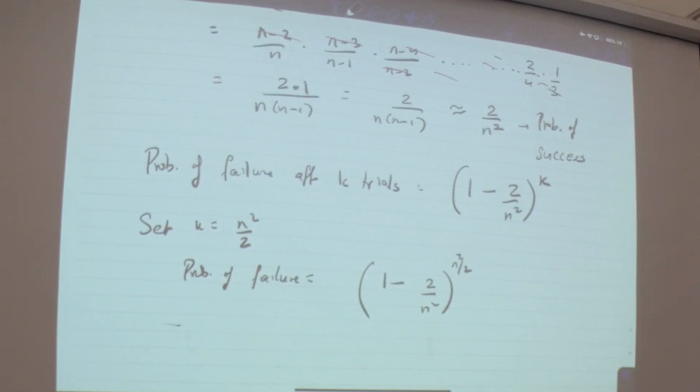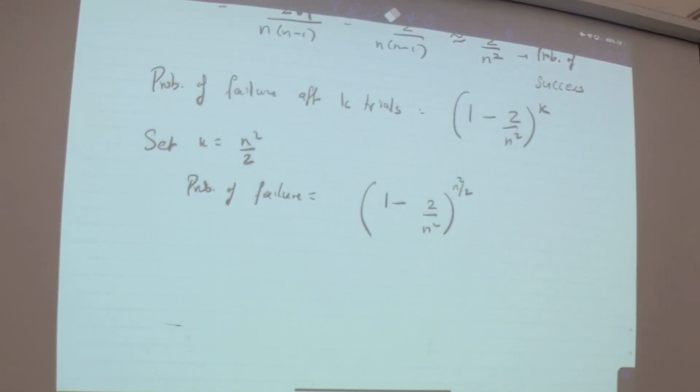Does this start looking familiar to anyone? Log of x? There's no x. X is going to infinity. There cannot be any x in the answer. You know what this is?